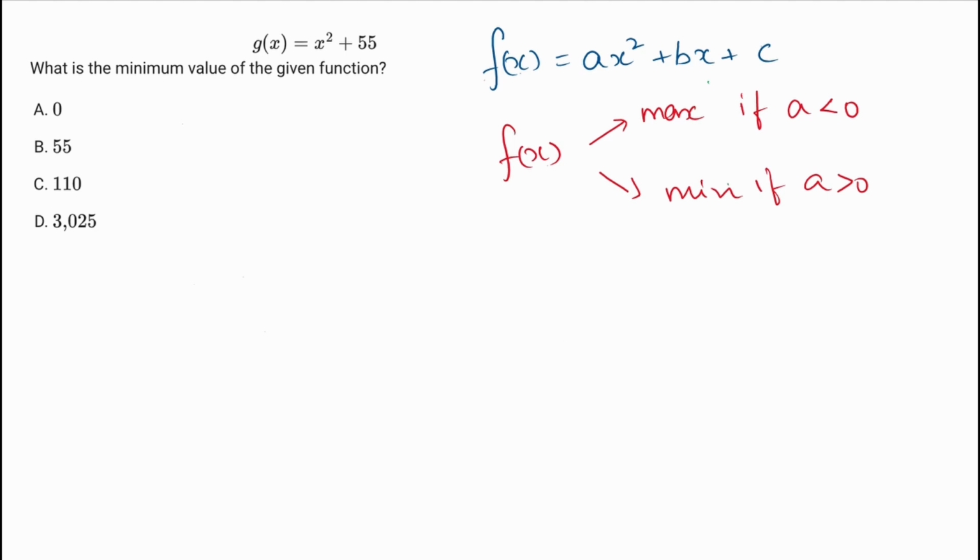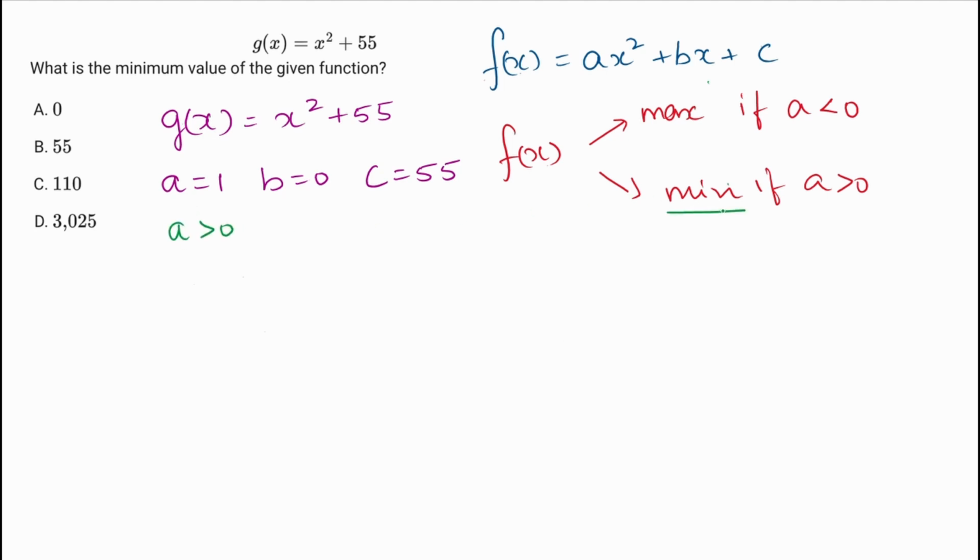So let's take our given equation. So we have g of x, which is equal to x square plus 55. Now comparing with the standard form, we have a equal to 1, b equal to 0, and c equal to 55. Here my a value is greater than 0, therefore it has a minimum value.